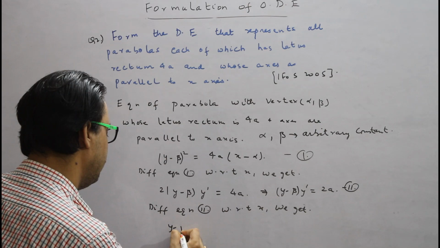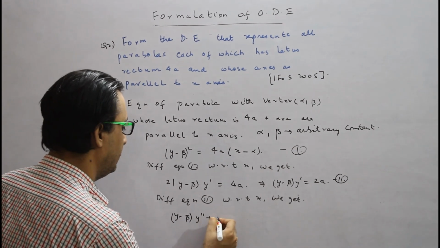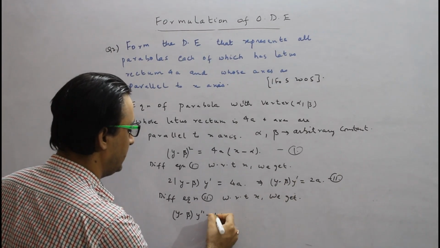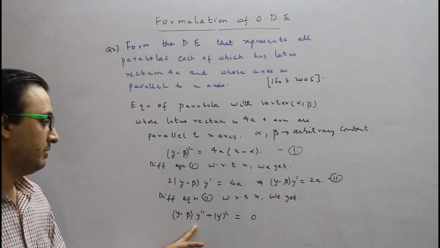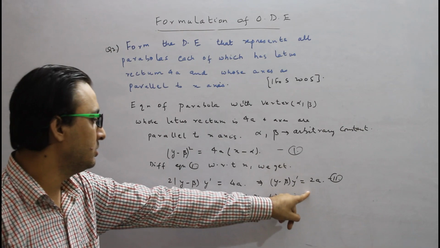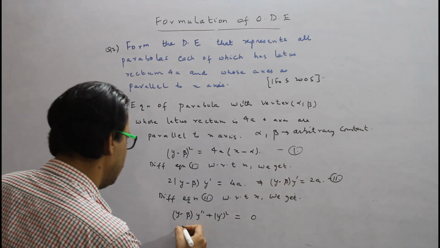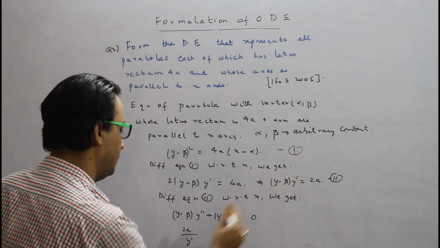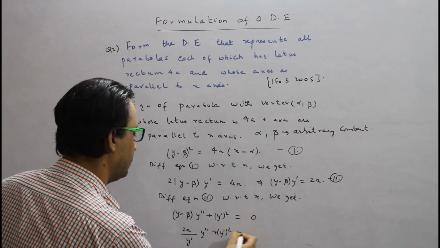(y minus beta) y double dash plus y dash into y dash, that is y dash whole square, is equal to 0. So this is our differential equation, but we have not eliminated beta, so we will eliminate beta using equation 2. We can write the value of y minus beta as 2a divided by y dash, into y double dash plus y dash whole square is equal to 0.